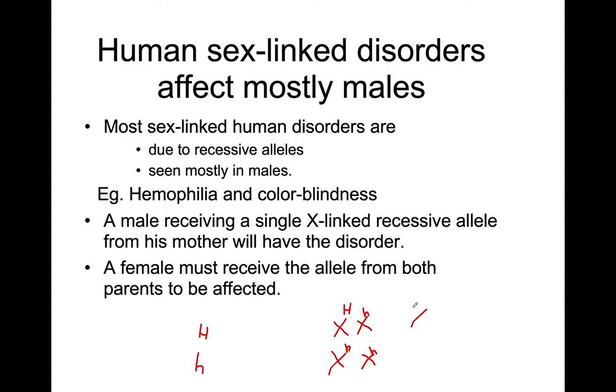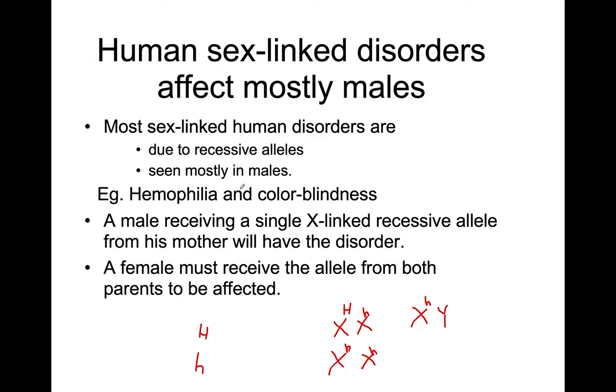But a male really does not have another X chromosome to rely upon for a 50% chance of survival. So if a male inherits the recessive allele, which is disease causing, he is going to get the disease 100%.